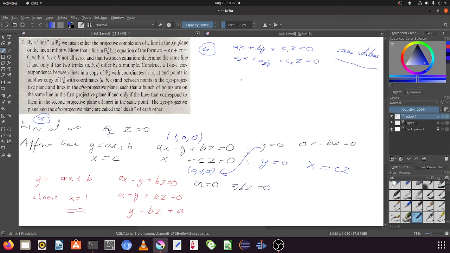So that's what's given. And we have to show that the coefficients are equal, or rather proportional.